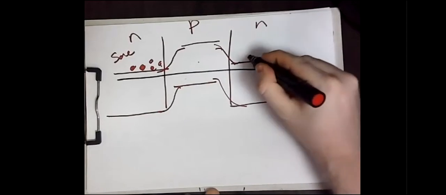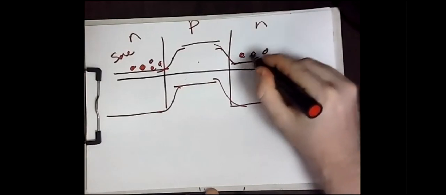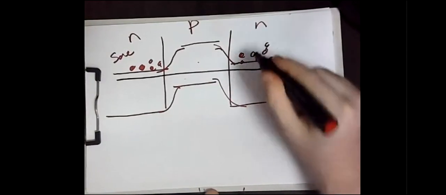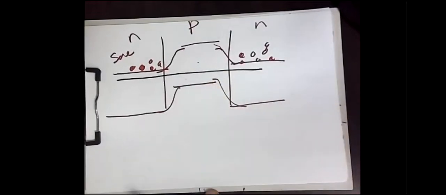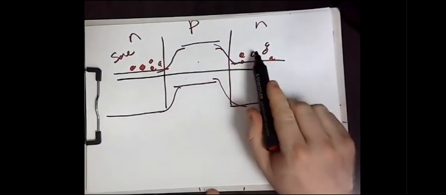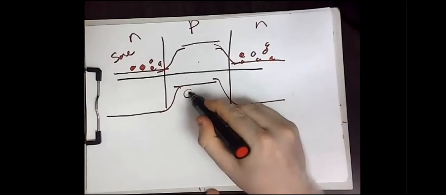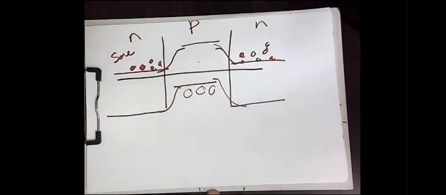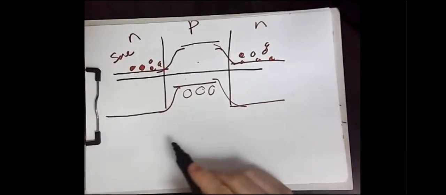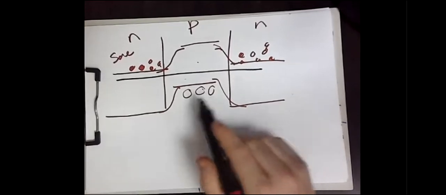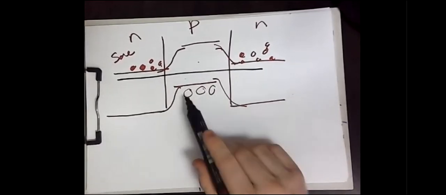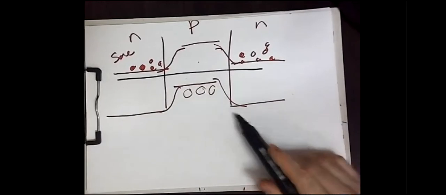Similarly, you also have a majority of electrons in the drain side, but these electrons will not be able to move to the other side due to the barrier. Even the holes in the P region in between are restricted in this well and are not able to move either to the left side or to the right side.